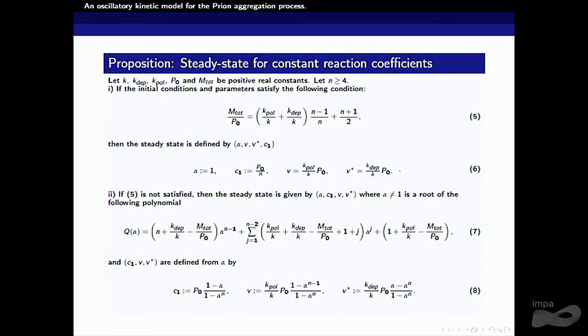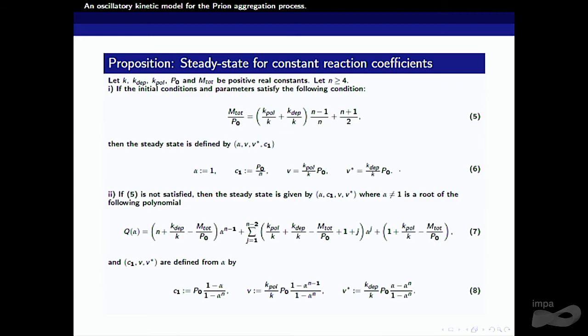Actually, if all the coefficients of the systems are constants, and we have real positive initial conditions, so number of polymers and total mass, then if the total mass over the number of polymers respects this really strict condition, then the ratio between the polymerization components and the depolymerization component is equal to 1, and then we can get a closed formula for all the quantities of the systems.